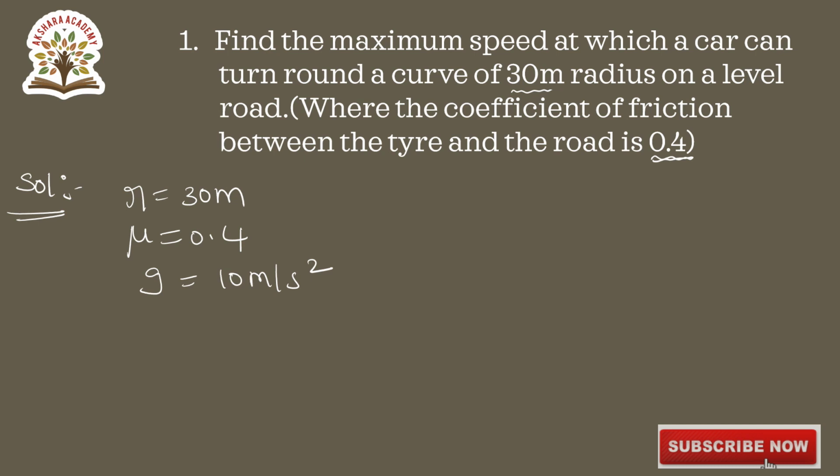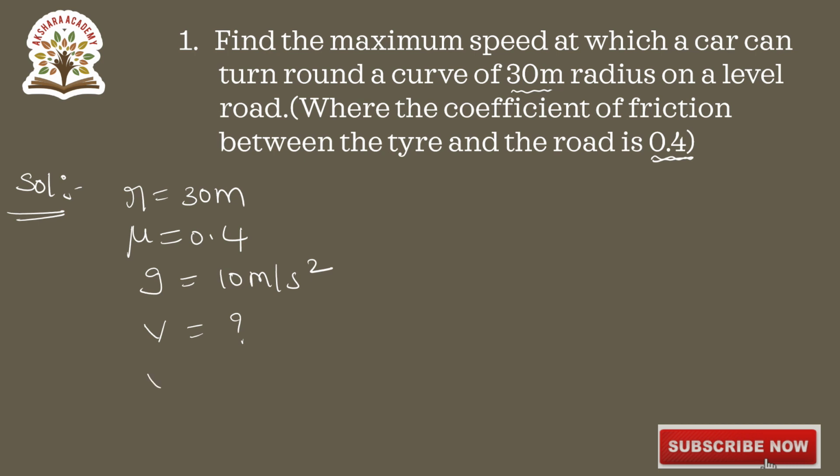You have to calculate the maximum speed. Find the maximum speed, so V is equal to question mark. We find the maximum speed at which a car can round a curve of 30 meters radius on a level road.